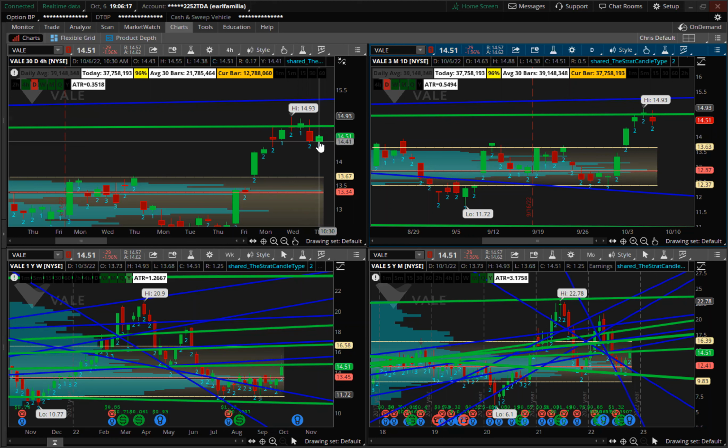So I'm looking at this more so that you take that entry at 1455, and then you target the broadening formation, just so that you're mindful of that, because if it shows weakness, you want to take what you got at that point. I'll be looking at this first pivot to the left as potentially a target to exit, only because of where it's at in relation to the broadening formation.